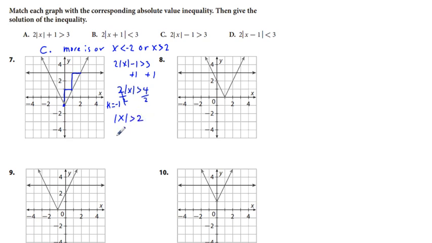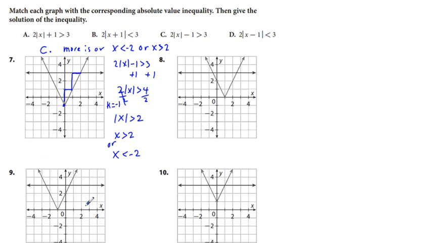So x is greater than 2, and then we switch the direction of the inequality if we make this -2, so x is also less than -2, and that'll be or. So that's number 7.